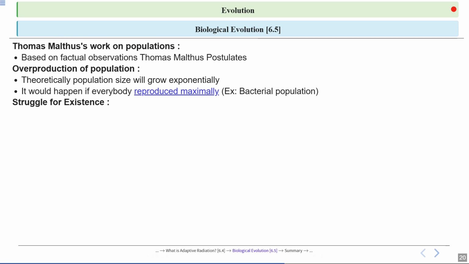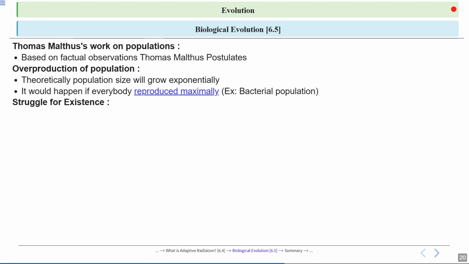But when the resources are limited, there will be no exponential growth. So Thomas Malthus said that the population is growing exponentially, but the resources are limited. He concluded that population stability is unlikely because of this factor.